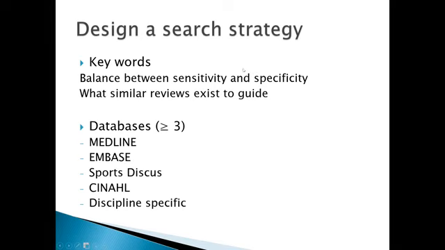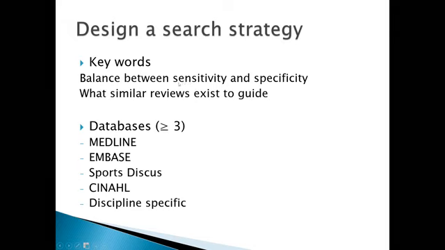So making sure that you're specific about what you want, but also making sure it's sensitive enough to pick them all up. So the key is that to improve your sensitivity, you want to include as many different keywords which might pick up what you're after, but you also want to make it specific so that you only identify things that are relevant to your question.